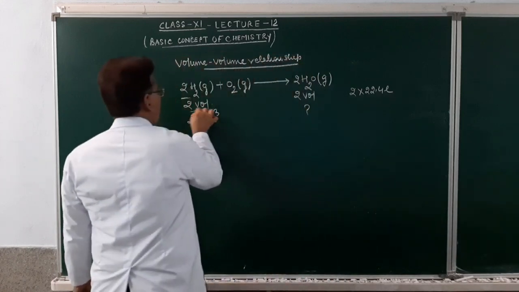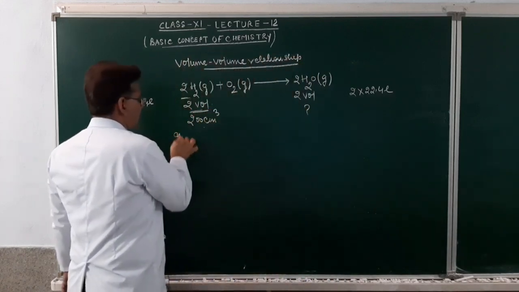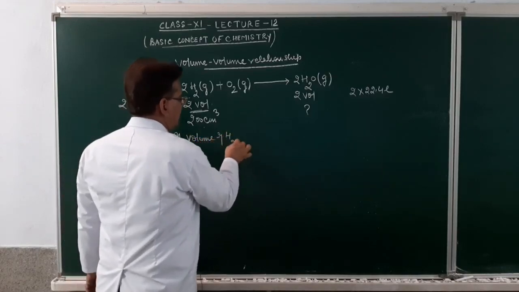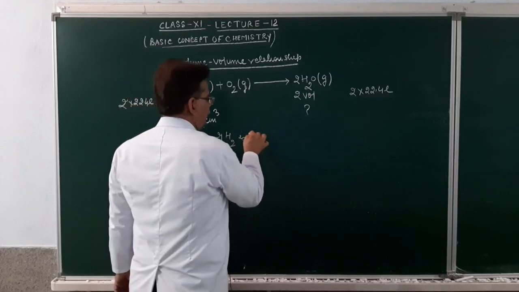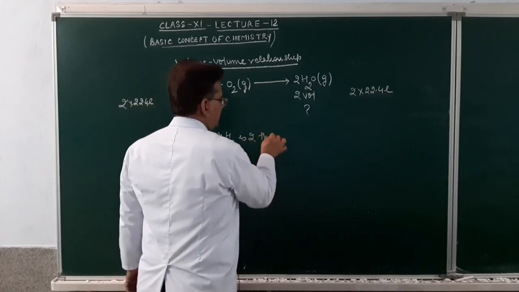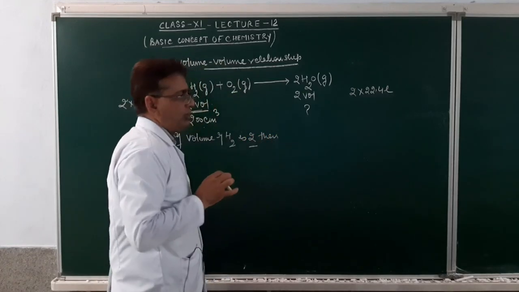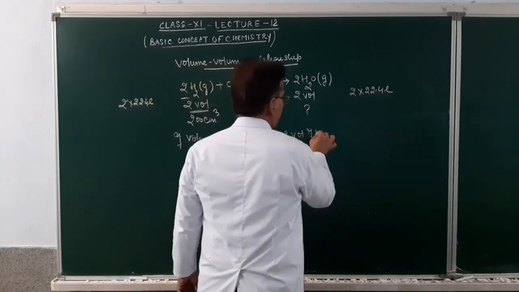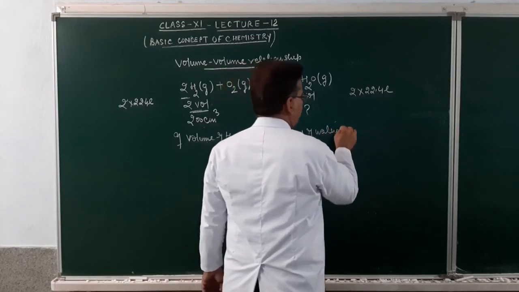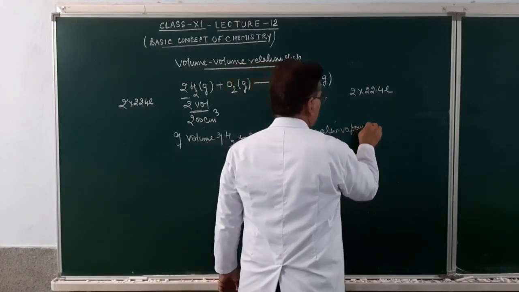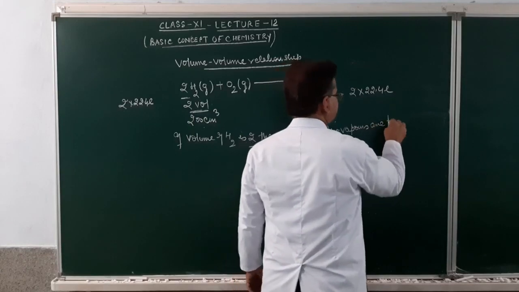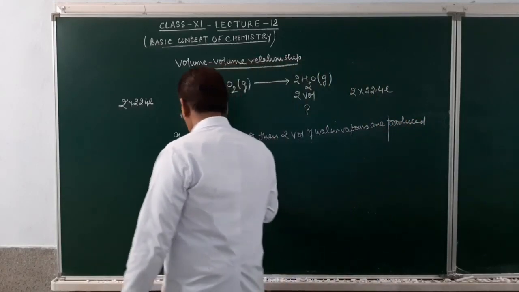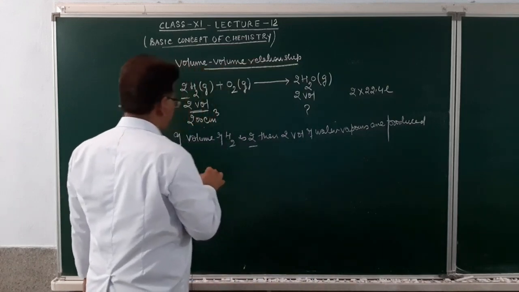So if the volume of hydrogen is 2, meaning 2 into 22.4 liter, then 2 volume of water vapors are produced.